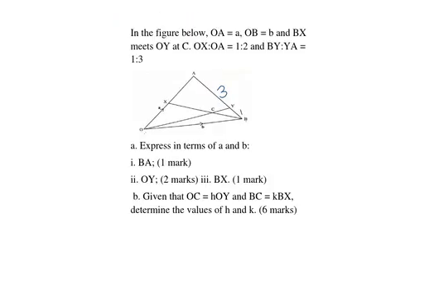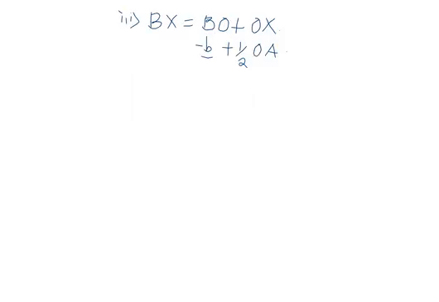From the ratio, we are told that OX is to OA is equal to 1/2. This means that OX will be 1/2 of OA. This is negative vector B plus 1/2 of vector A, which can be written as 1/2 vector A minus vector B.